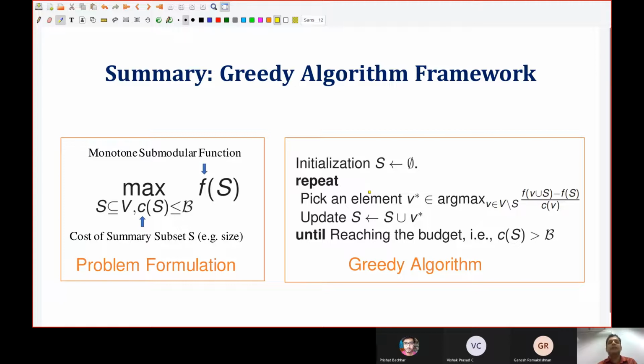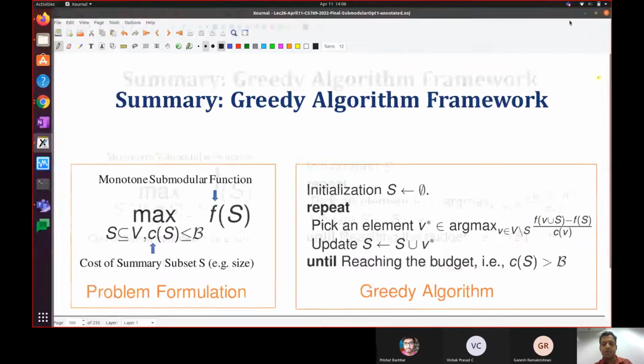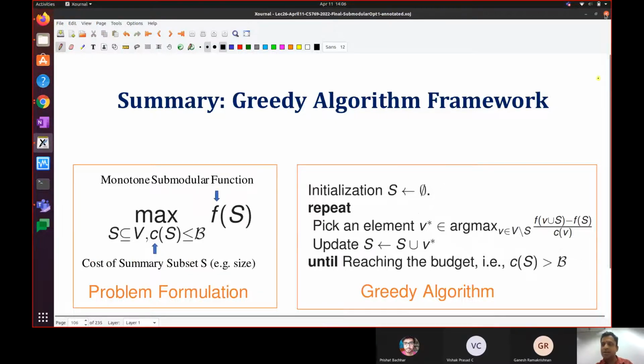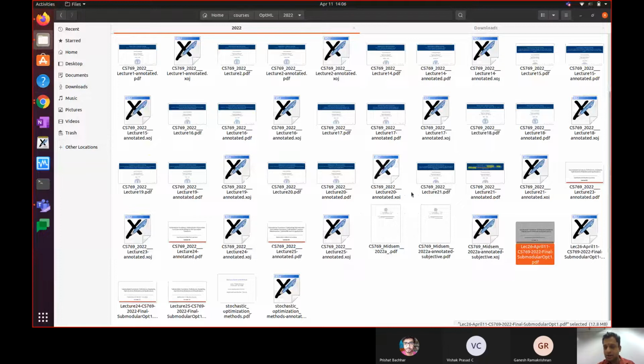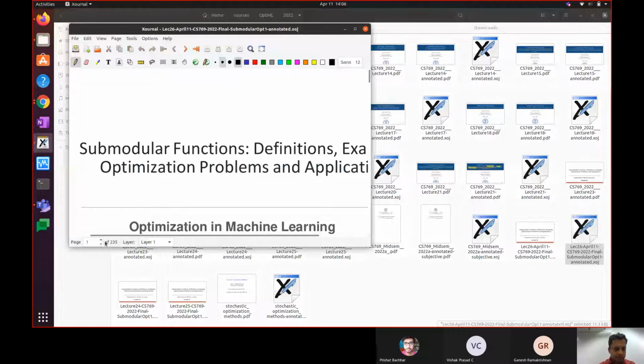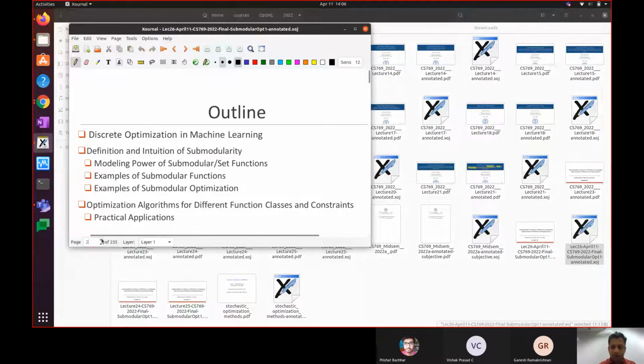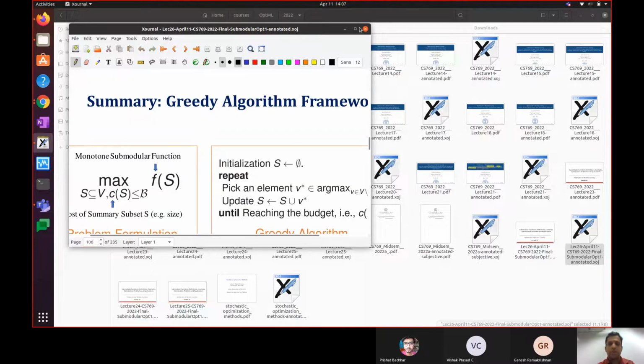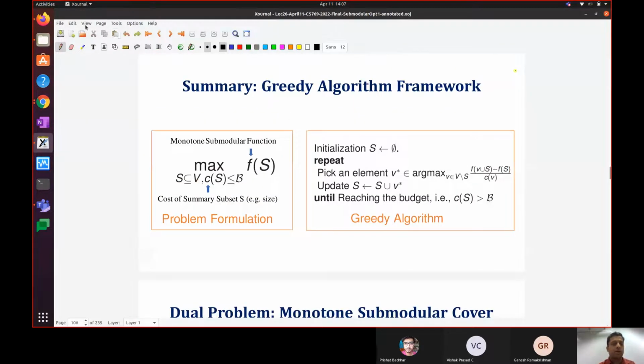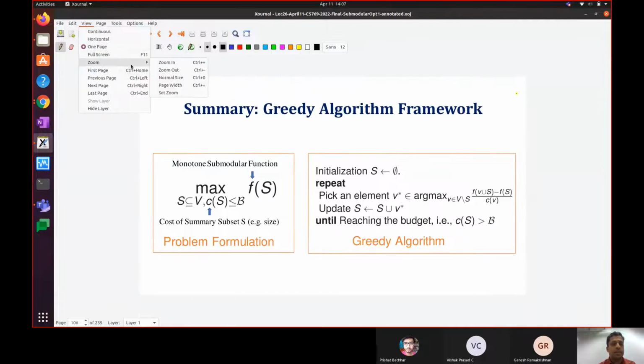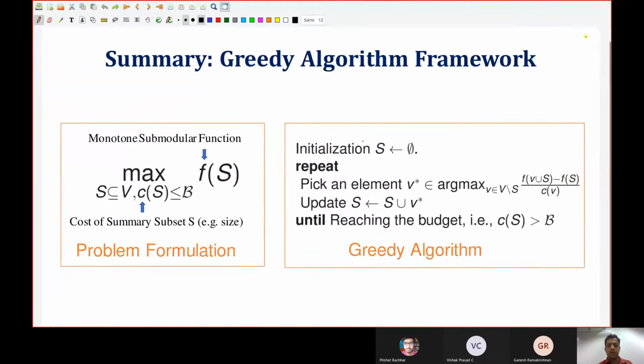Either you pick the element that maximizes the conditional gain, or you look at conditional gain per unit cost.